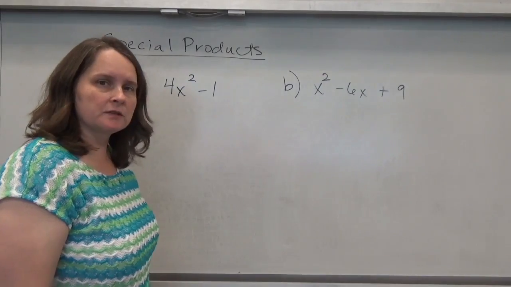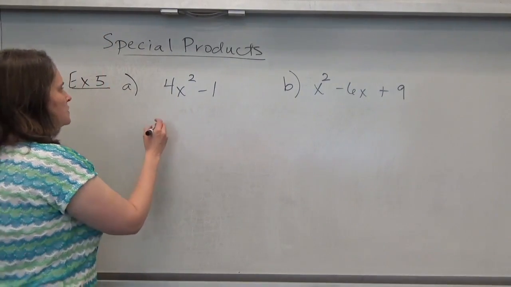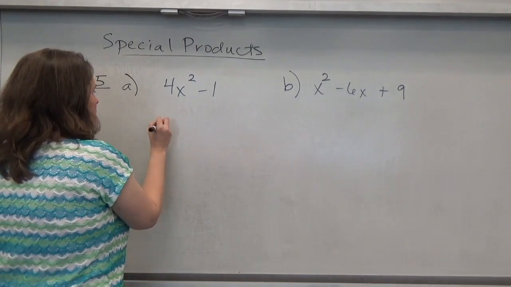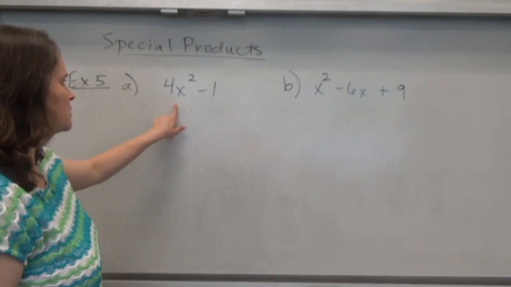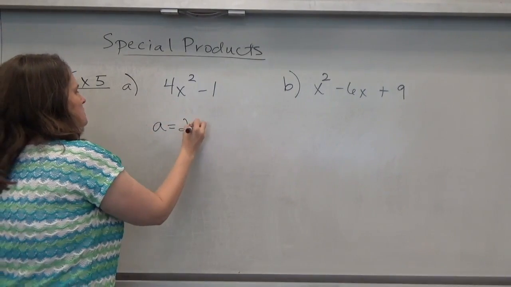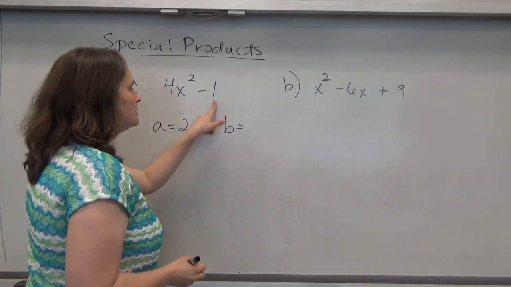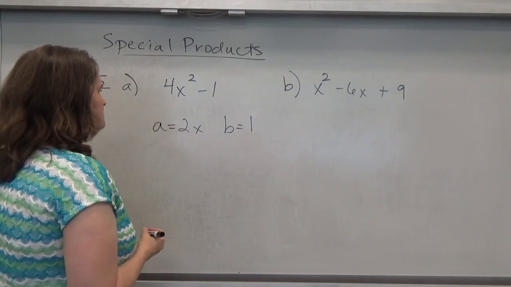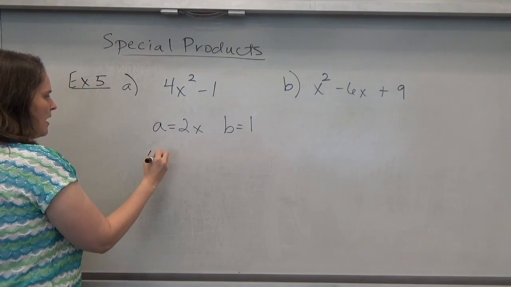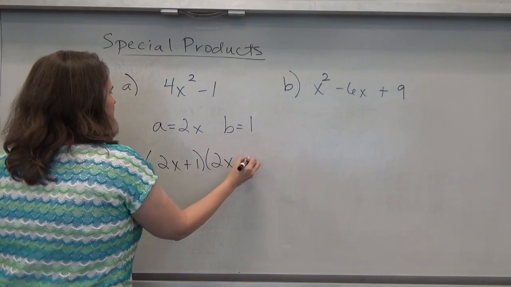All you need is the difference of squares formula, which we talked about a moment ago. You need to determine what your a and your b are. A in your formula is whatever you're squaring to give you your first term, so a is 2x. B is whatever value you need to square to give you the 1, so that would be 1. Apply your formula, a plus b times a minus b, and you have 2x plus 1 times 2x minus 1.